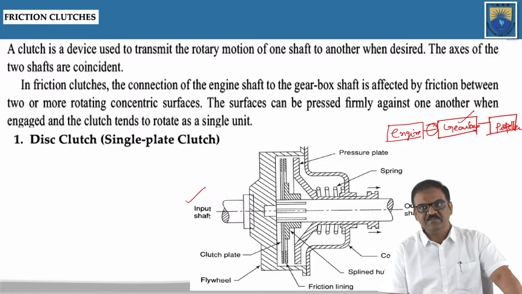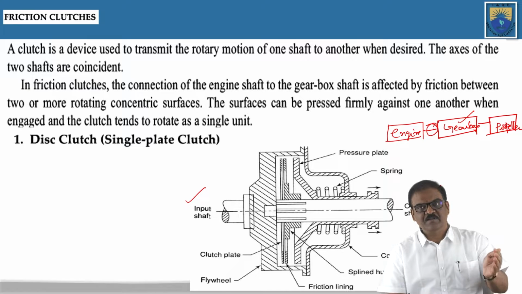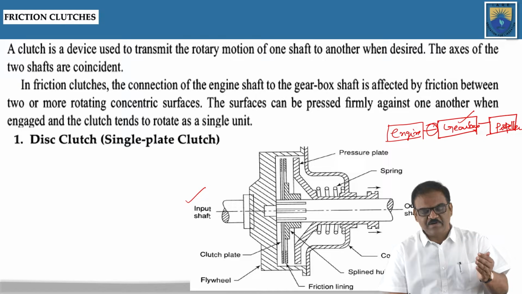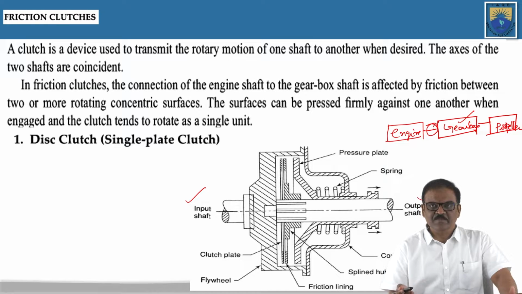When you want to change the speed, along with the friction lining, the movement of the gearbox takes place for a higher speed or lower speed. Once the gear is engaged, then the clutch is put into engagement, and this is done by virtue of single plate or multi plate clutches.